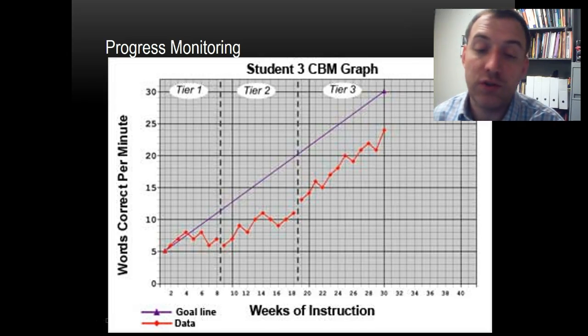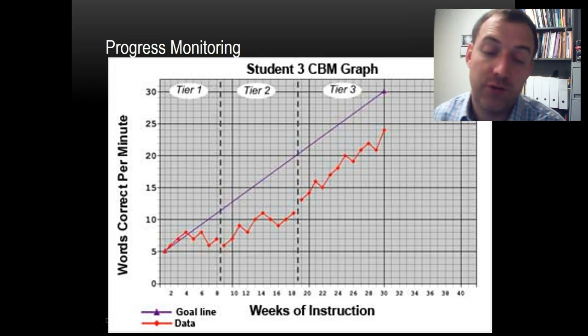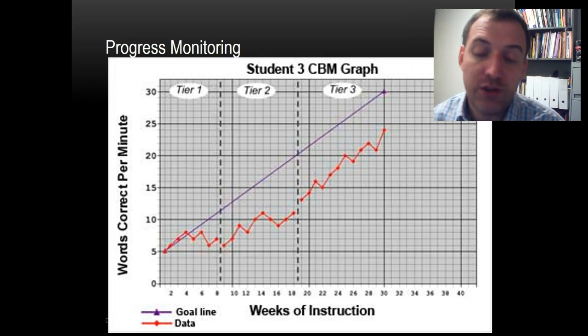We can also put a goal line for a student, saying, okay, based on your starting point and the research we know, what should be your general trajectory? We can then see, are you meeting that developmental skill, or are we going to need to do something? Do we need to change the program or introduce an intervention to help you develop that skill and try and get you back up to it?